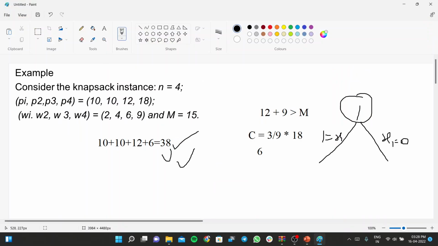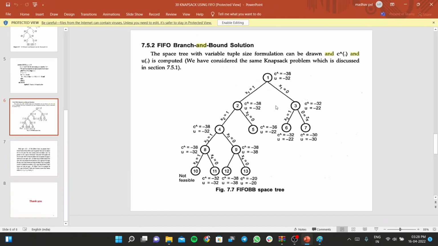Here it is 6, 7, 8, 2 is 16 plus 1, it is increasing the value. So 15 minus 8 gives me 7. So 7 by 9th part of 18 we need to consider, and we will get minus 22.